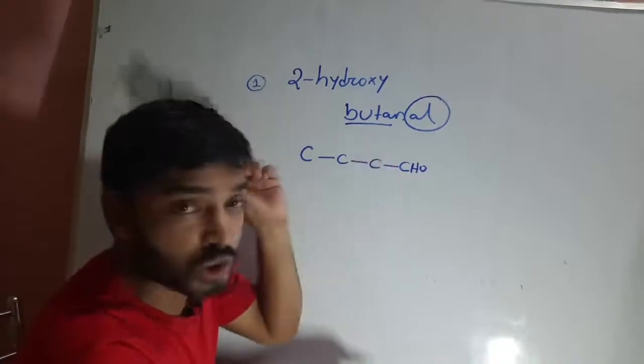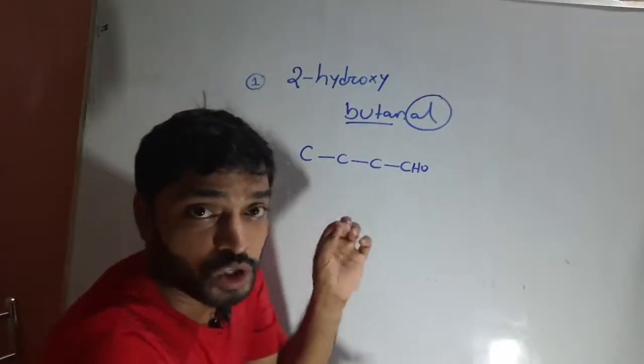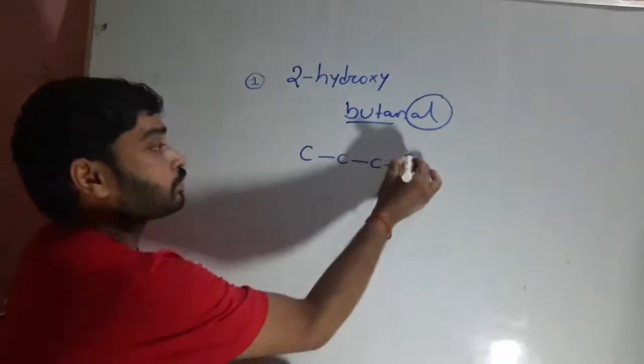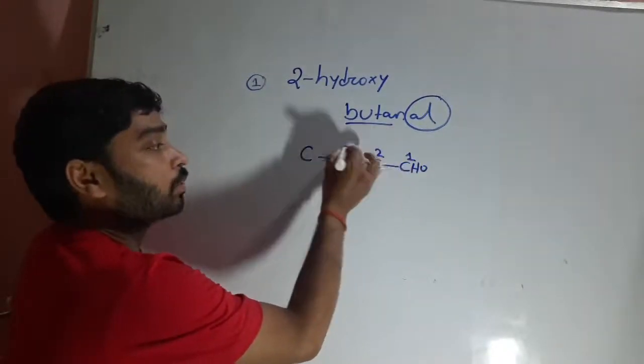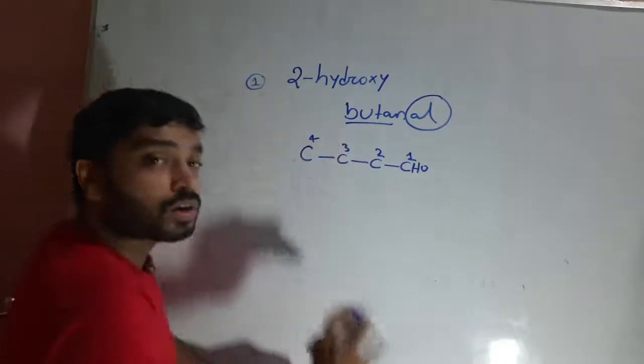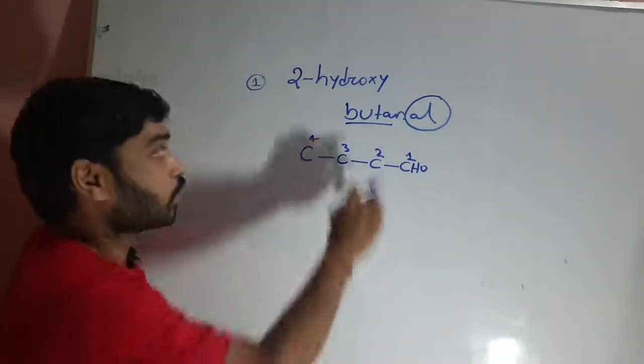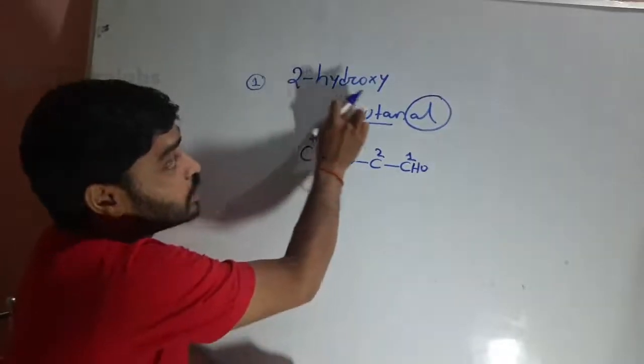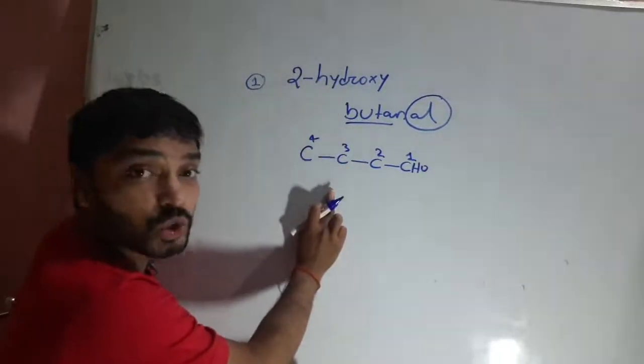After choosing the functional group, now we should do numbering of the chain. I am numbering the chain which has 4 carbons, and at number 2 position, or the locant 2, the hydroxy group is present, which is the junior functional group.